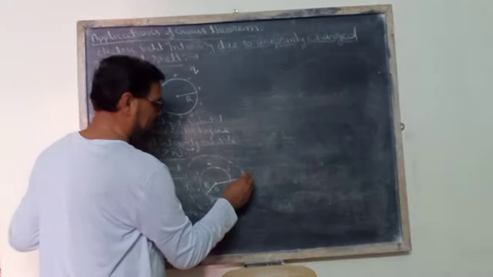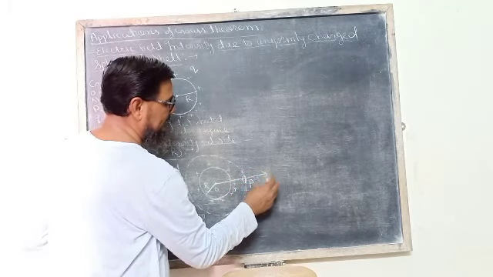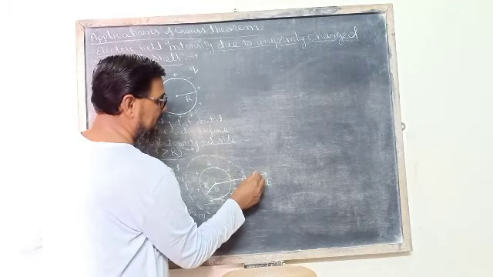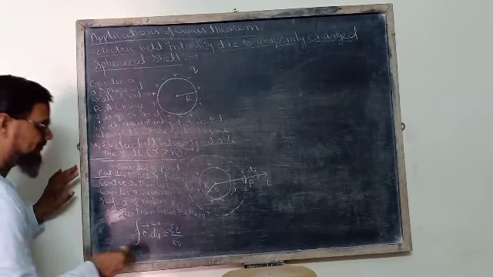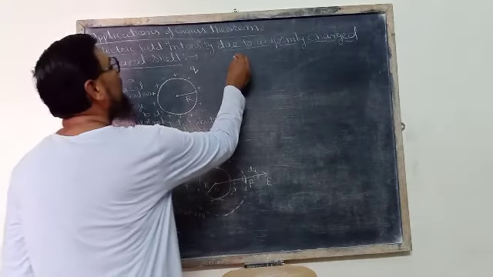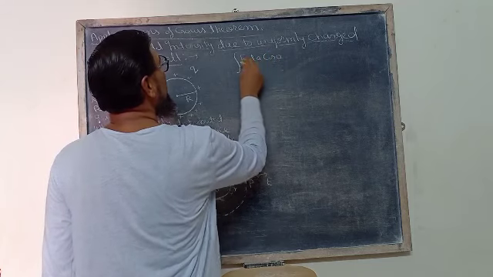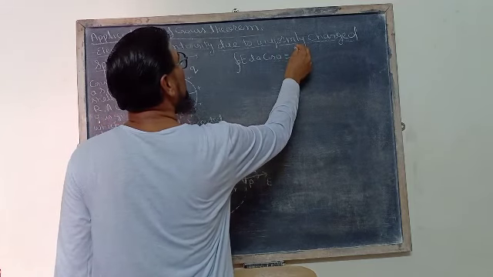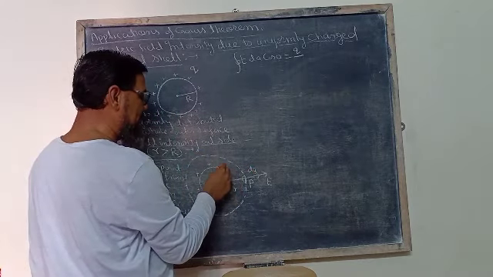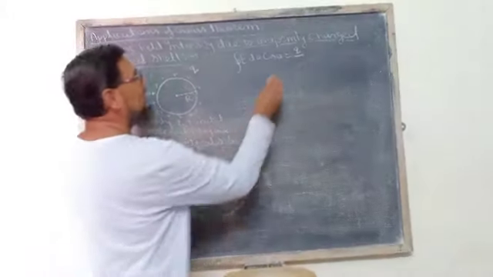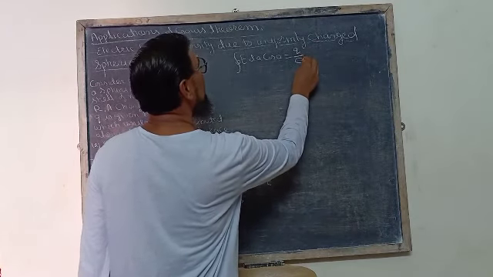Here we consider a small area element; then the electric field intensity E and the direction of surface area dA are along the same direction. So integral E dA cos 0 is equal to the charge enclosed by the Gaussian surface, which is the charge given to the spherical shell, q upon epsilon naught.